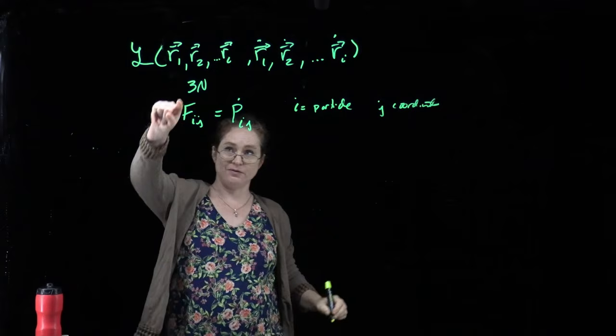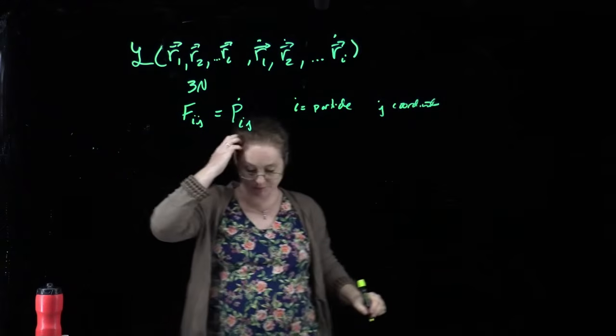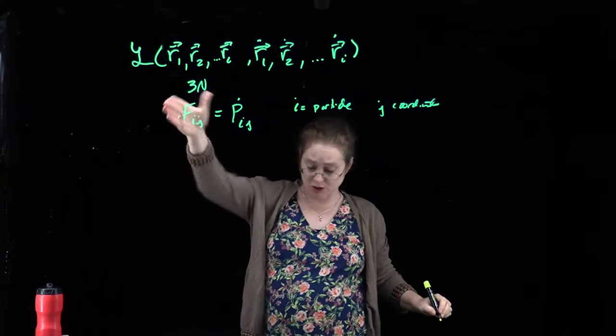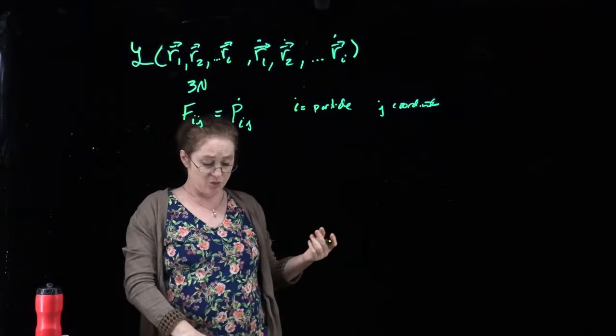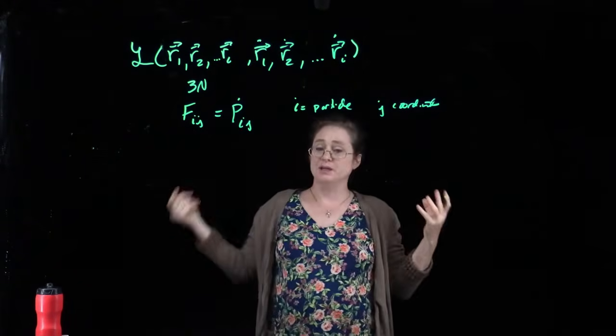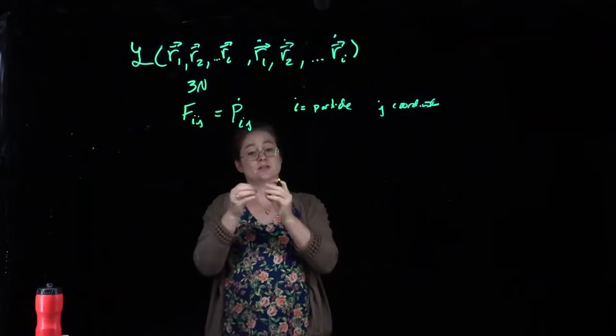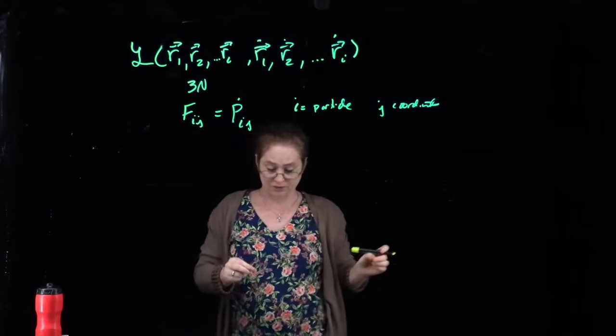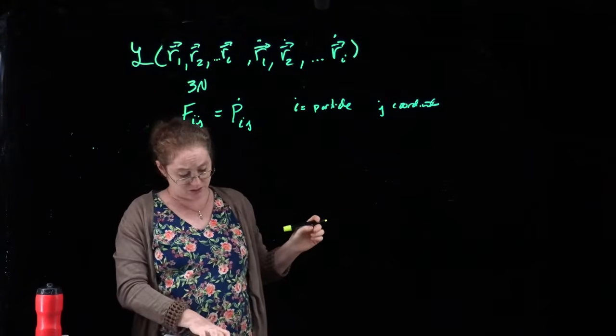So we have 3n of these equations. And they don't have to be positions. They could be any other coordinates. It could be, if you're talking about a solid, for instance, a crystal, you could be describing the distances between the different atoms in the crystal.